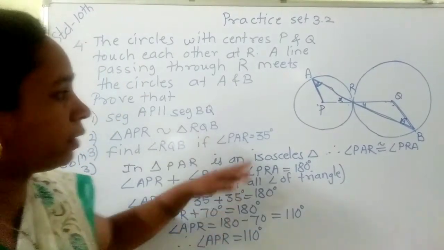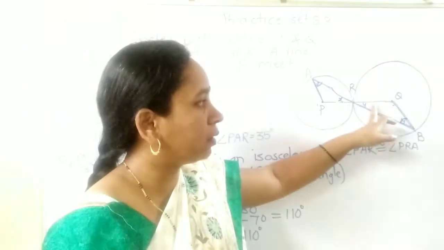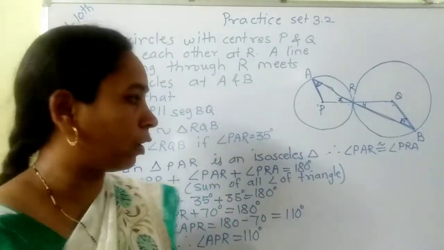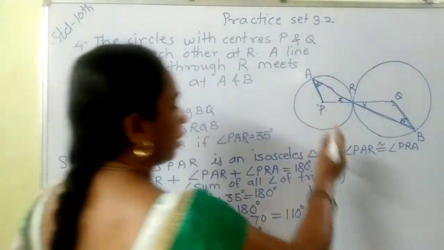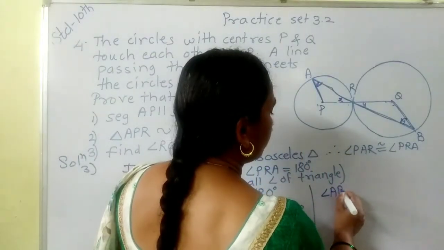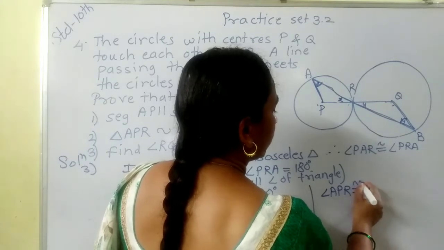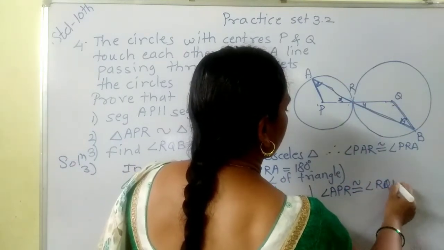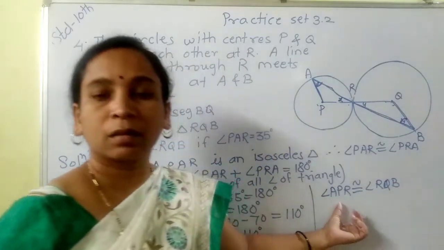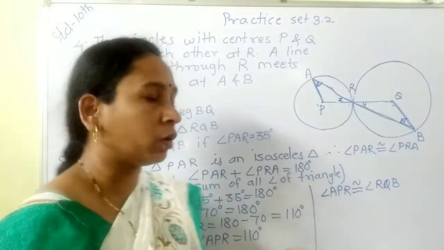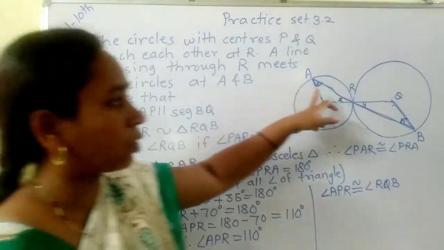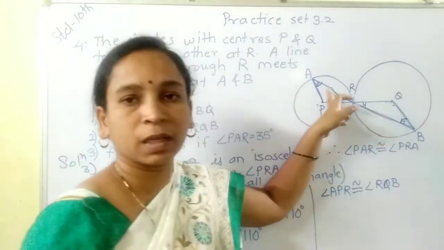But here they have asked to find out the angle RQB. This we have to find out. What is the relation of APR and RQB? Angle APR is congruent with angle RQB. Why can I say that these two angles are congruent? Because in the previous proof, I have proved that these two triangles are similar.